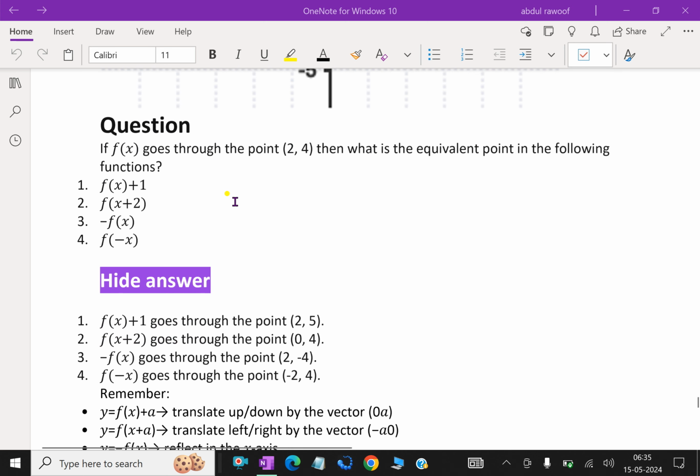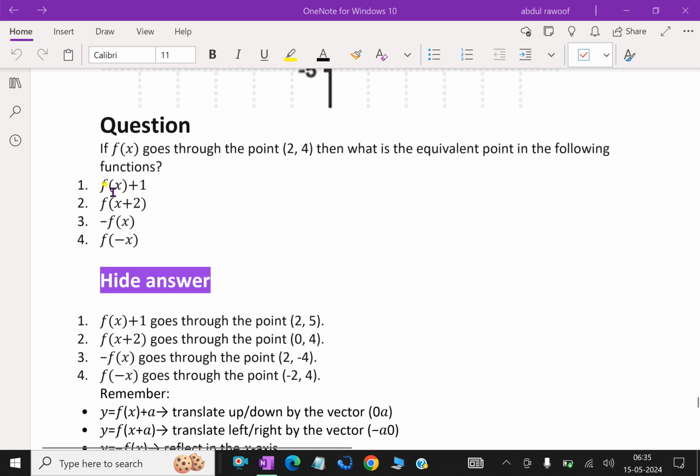Look at some small examples. If f of x goes through the point (2, 4), suppose any function curve goes through the point (2, 4), what is the equivalent point in the following functions? f of x plus 1 means it goes through x equals 2 itself, and y is added with 1, that means 4 plus 1 is 5.